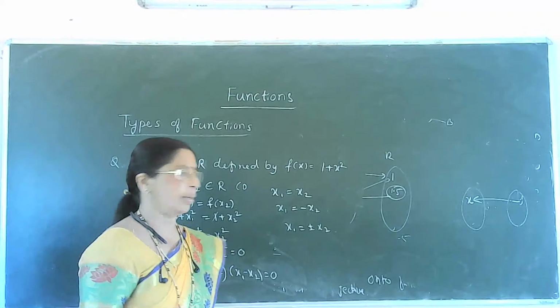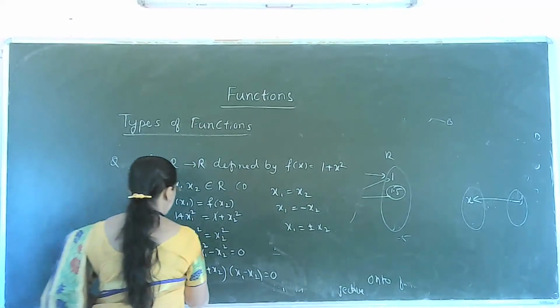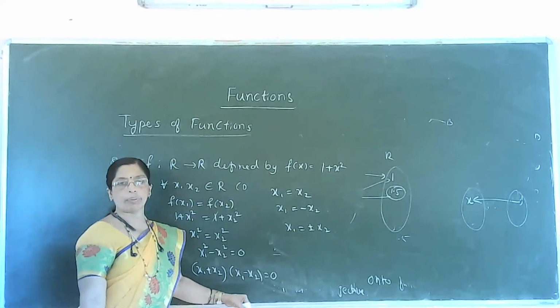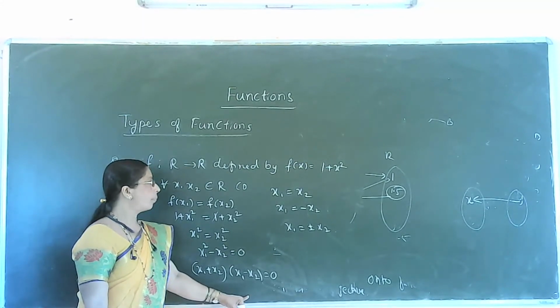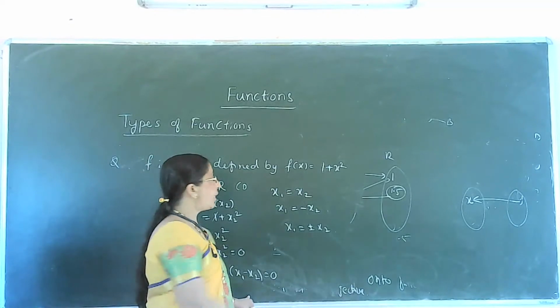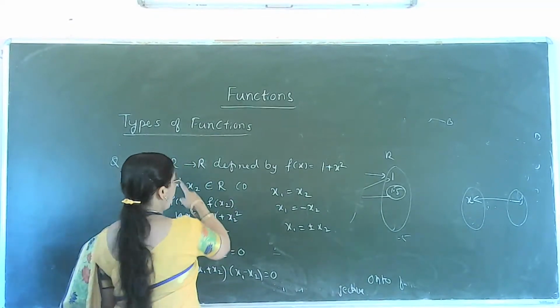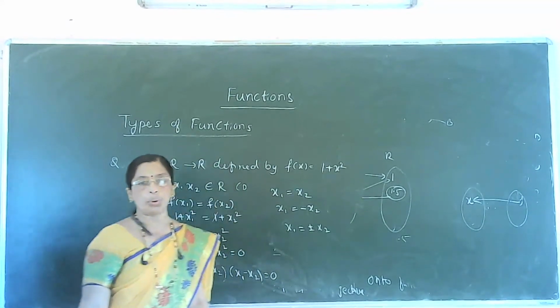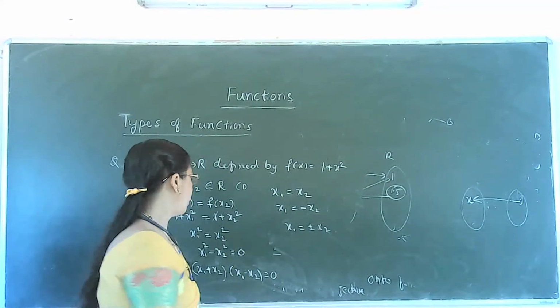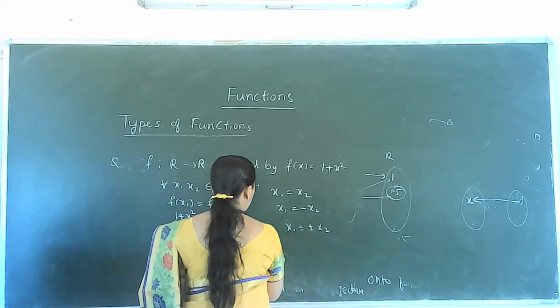Therefore, it's not a one-one function. But if you write x1 is equal to x2, in the natural number set, it's a one-one function. But in R to R, the real number set, x1 is equal to plus or minus x2. Therefore, it is not a one-one function.